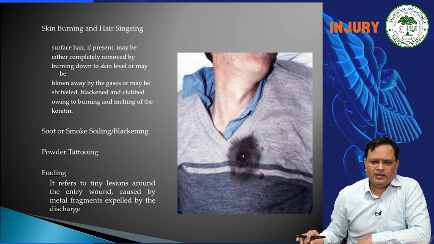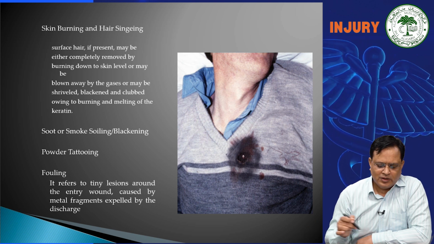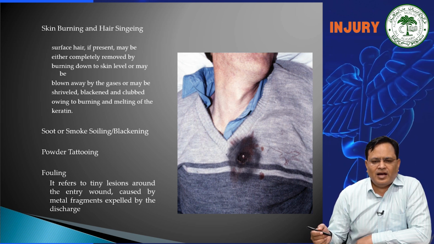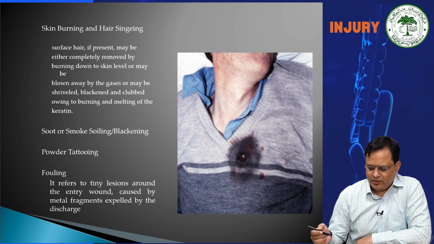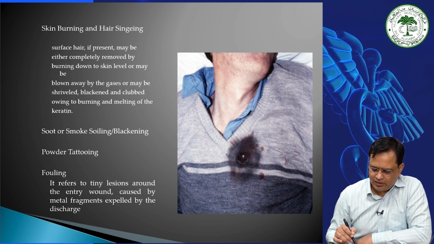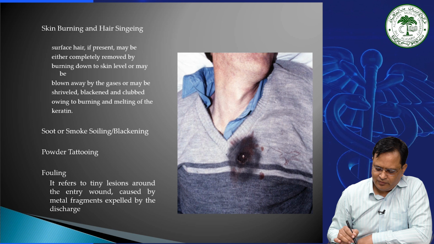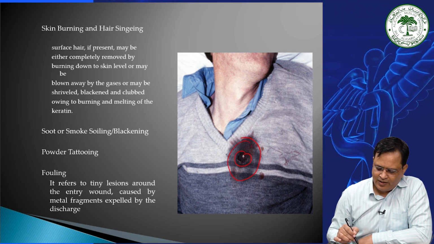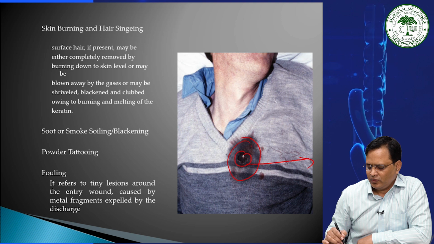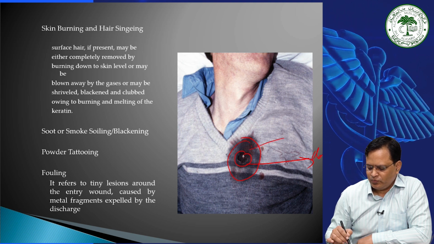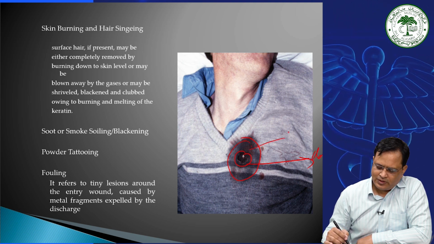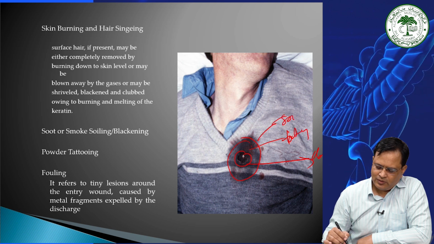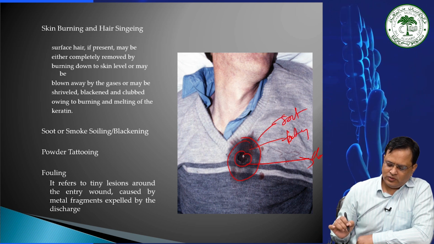Skin burning and hair singeing. Surface hair, if present, may be either completely removed or burned. Here we can say we have a close range where the soot particles and the flames have burned the clothes, and the soot particles and tattooing are deposited on the clothes.